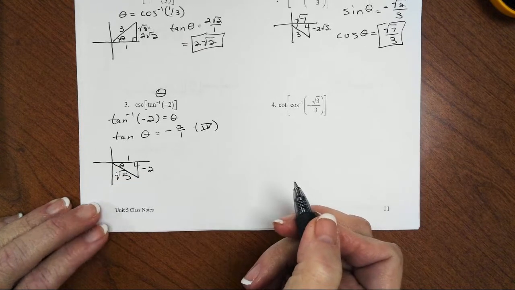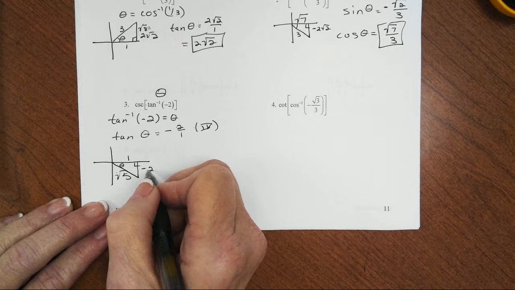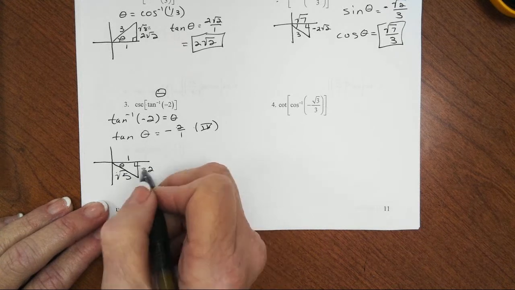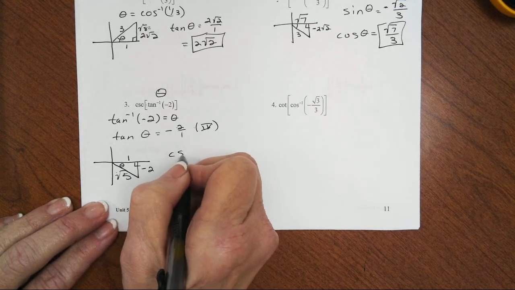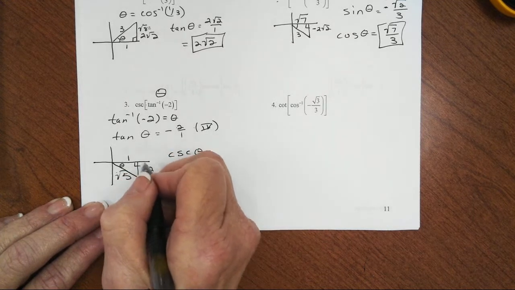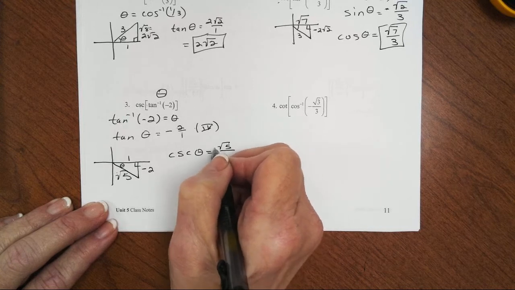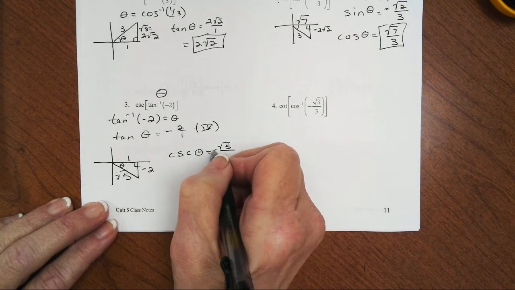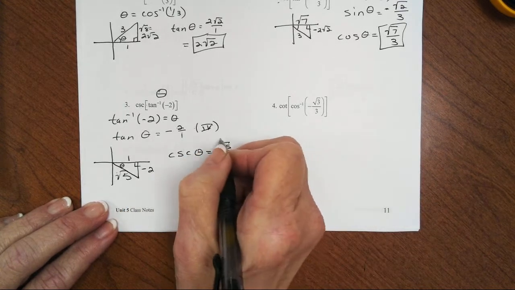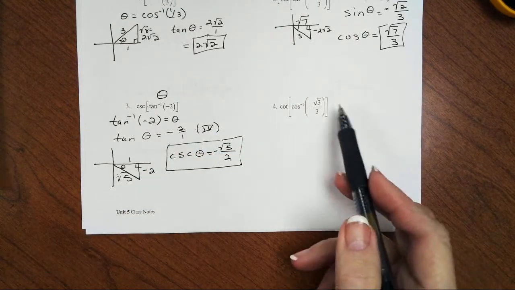I'll let you calculate that on your own. The sine is negative 2 over the square root of 5. But the cosecant of theta, which is what we're looking for, will equal the hypotenuse over the opposite, which is negative 2. So I'll put that negative right there. And there it is. Okay, I'll let you try that last one.